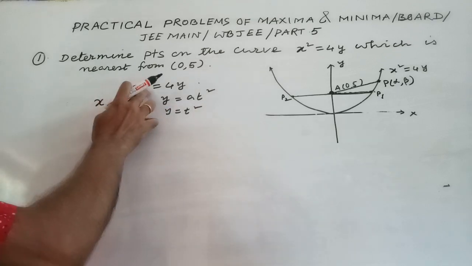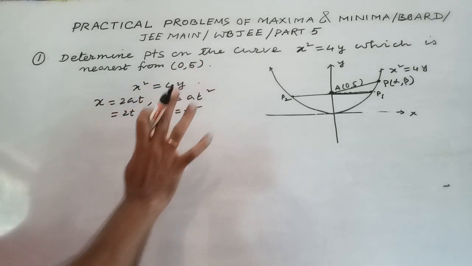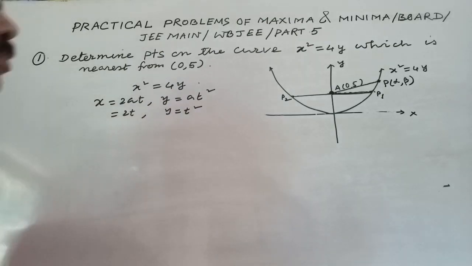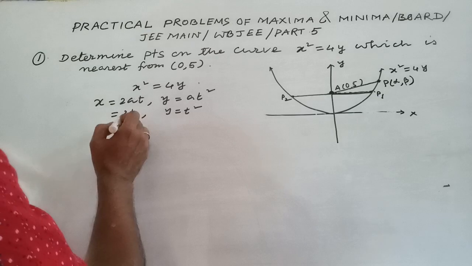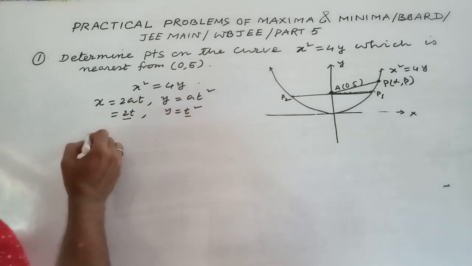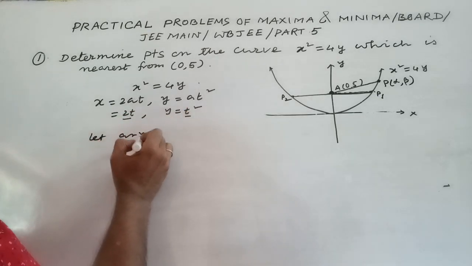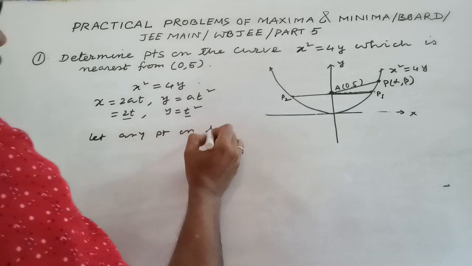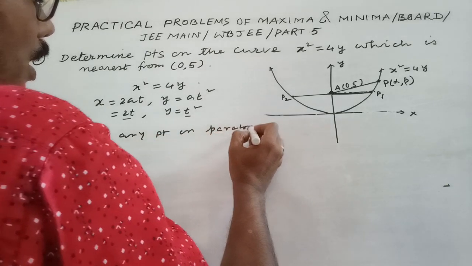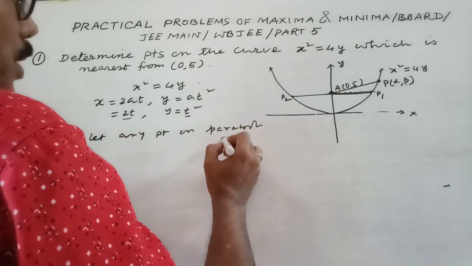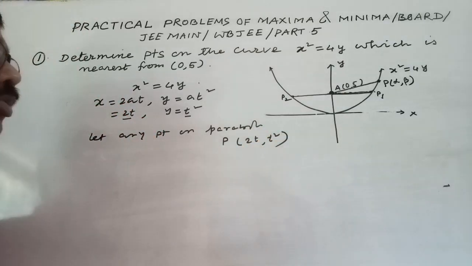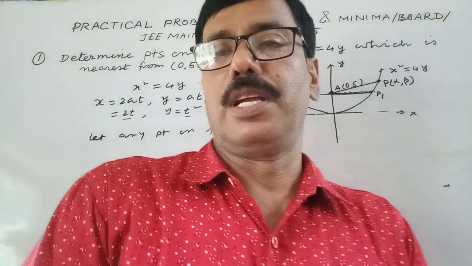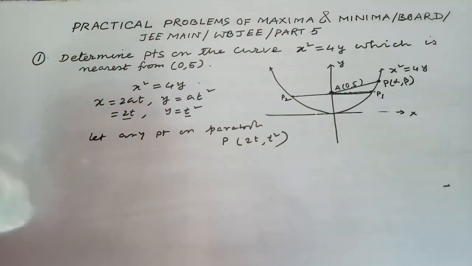Look, 4t square equals 4 into t square, so it is satisfied. So the parametric point is (2t, t square). Let any point on the parabola be P (2t, t square). So here P is expressible in terms of a single variable.